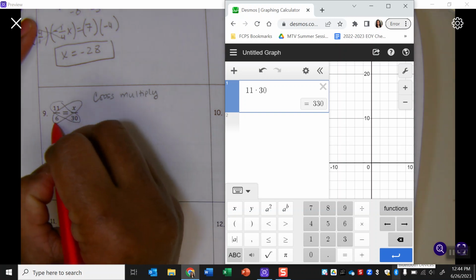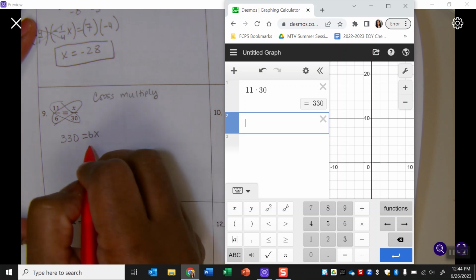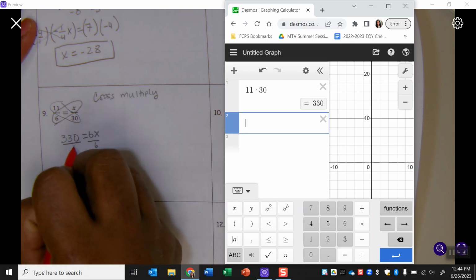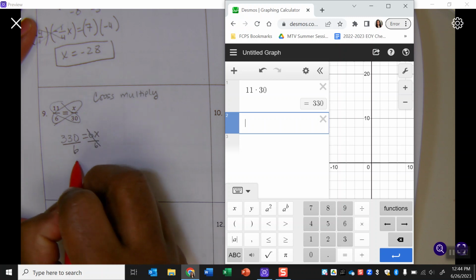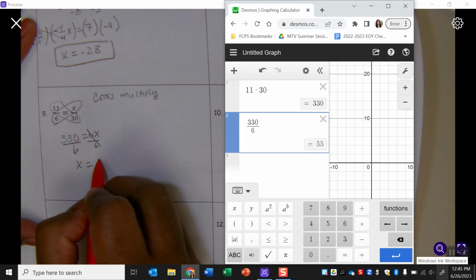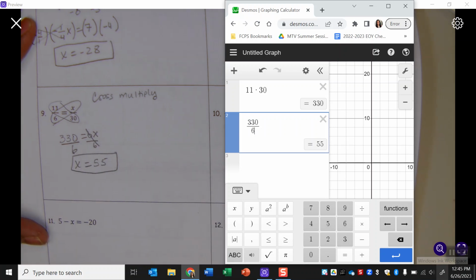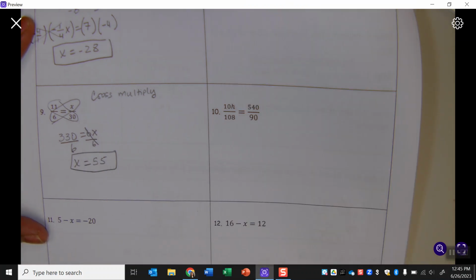And then 6 times x is 6x. Here, we're going to divide both sides by 6. So you have x equals 330 divided by 6, which is 55. You can pause the video and try number 10.